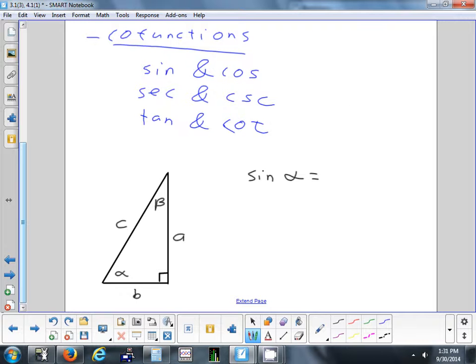Anybody know the name of that Greek letter? Yep, alpha. And how about that one? Beta. The reason we use Greek letters to represent the angles is because some books will use lowercase letters for sides and then capital letters for angles.